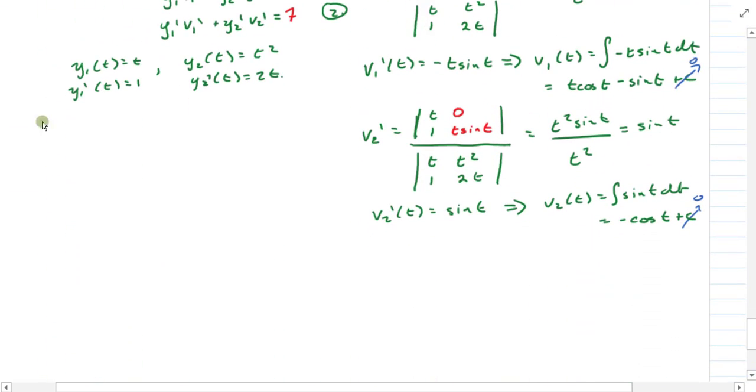And so yp, we said, was v1y1 plus v2y2, but we just found that v1 was t cosine t minus sine of t, so t cosine t minus sine of t, times our y1, which is the function t, that was our first solution to the original homogeneous equation that we were given in the problem, plus our v2, which we just found to be minus the cosine of t.